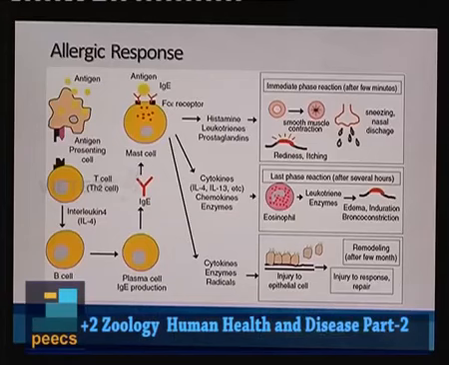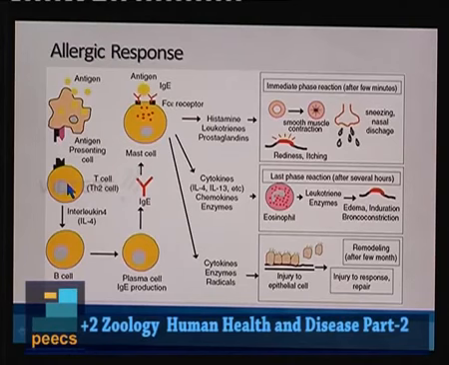Here in this picture you can see an allergic response. So, what happens during an allergic response? Here you can see there is an antigen presenting cell, and this antigen presenting cell is interacting with the antigen, and it is producing some surface proteins, and it is now going to activate the T helper cell.